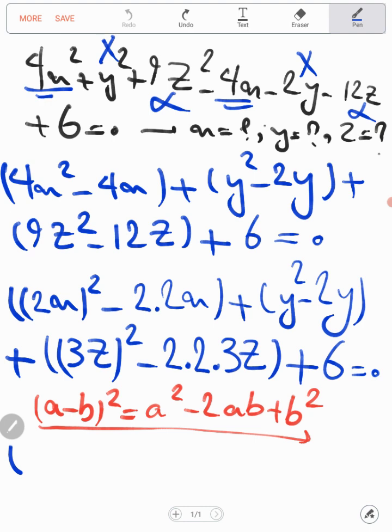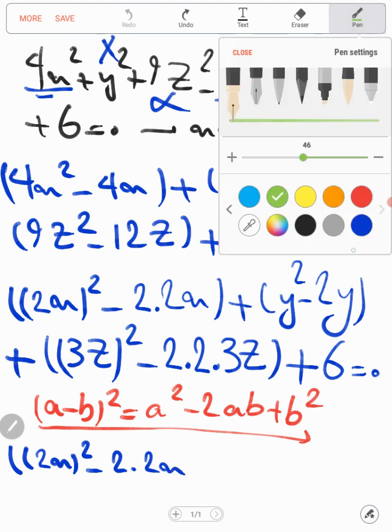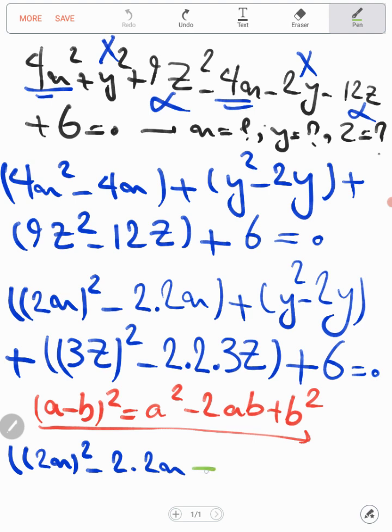For the first parenthesis, I think it's better to add plus 1 minus 1. It's a neutral technique, because plus 1 minus 1 is equal to 0.